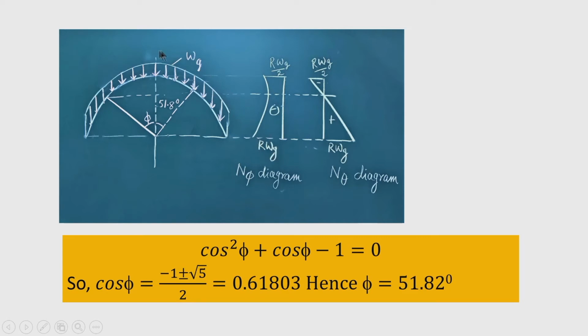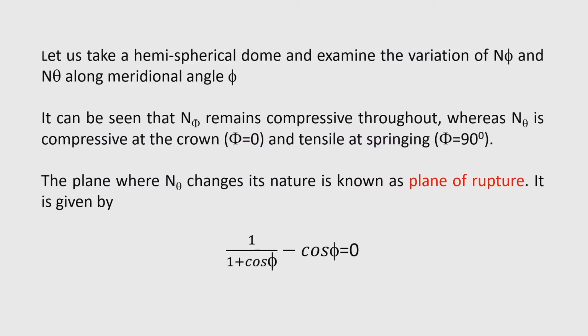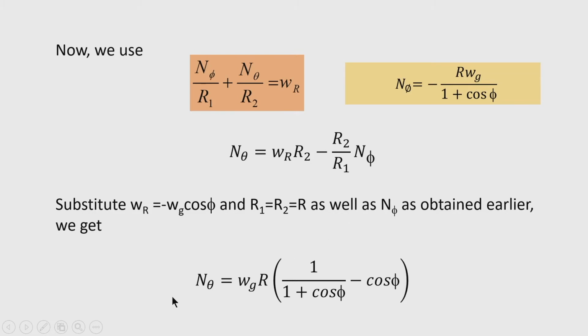Because phi is measured from the vertical axis, here phi is 0, and at this point it is 90 degree, and because of symmetry the same stress will be generated here also. Now, if I see the variation of n theta, this is the expression for n theta.